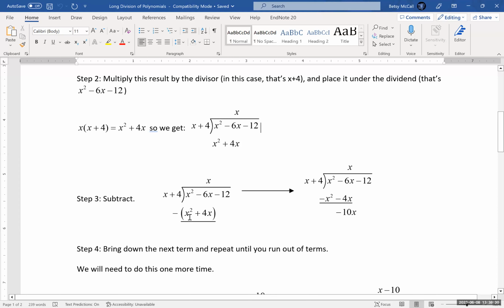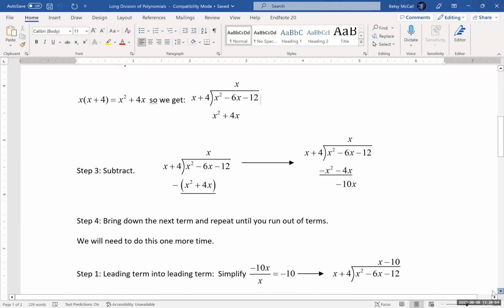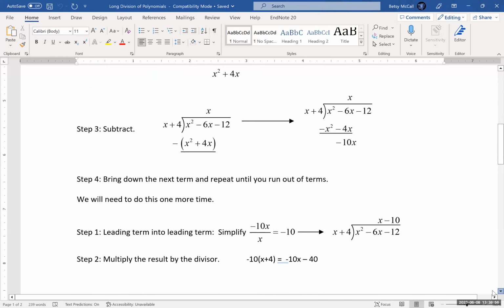Distributing a minus sign and then adding is equivalent to subtracting. So I put through my minus sign and I get this. And then when I add, if I've done everything right, the leading term will drop out. Here I have -6x minus 4x, which is -10x. And then I bring the next term down.